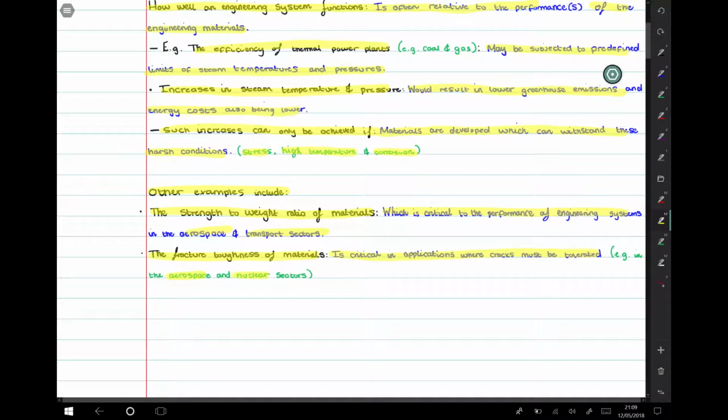It does need to be able to still maintain structural rigidity even when it has a fracture forming or formed. It still needs to be able to work so that it can be repaired.